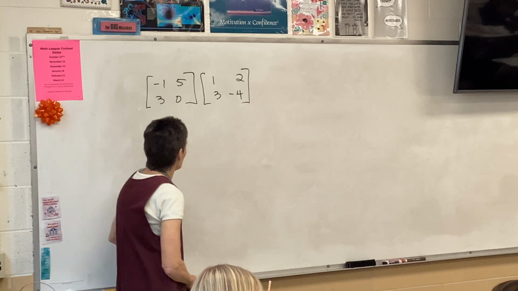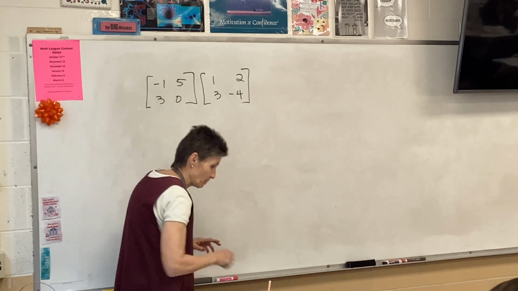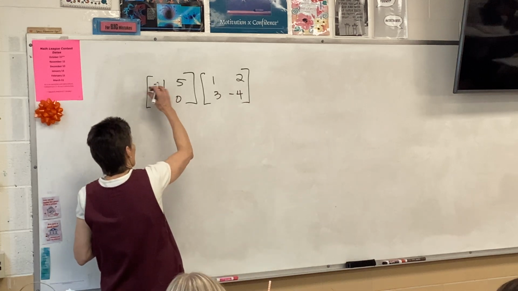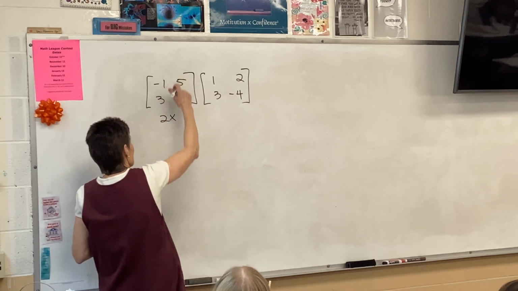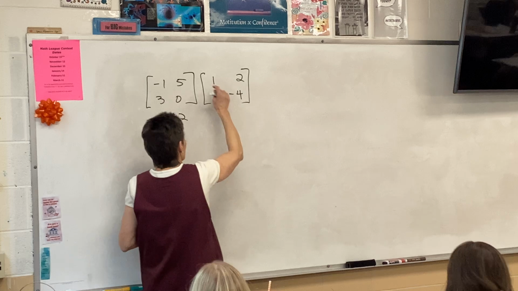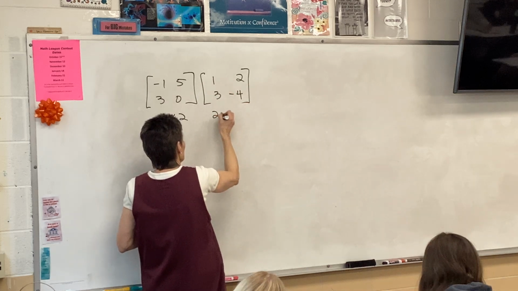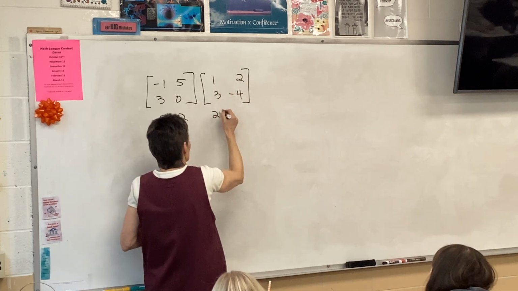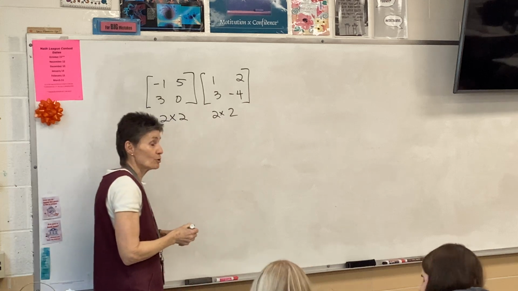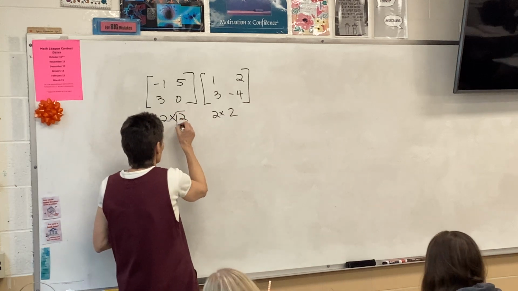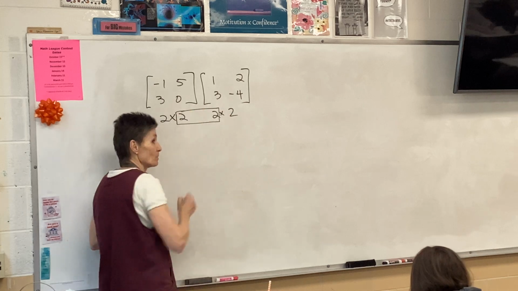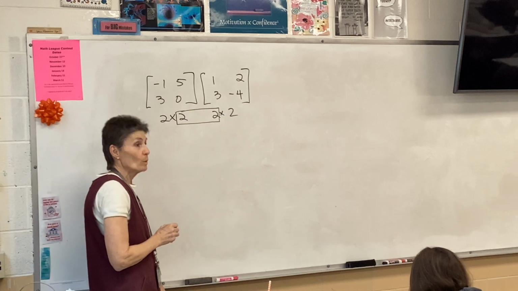Okay. All right, so what are the dimensions here? This guy has how many rows? Two. How many columns? Two. This guy has how many rows? Two. How many columns? Two. So I have a 2 by 2 times a 2 by 2. As long as these numbers match, we can multiply.